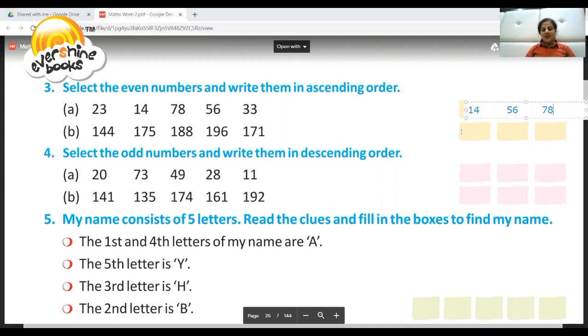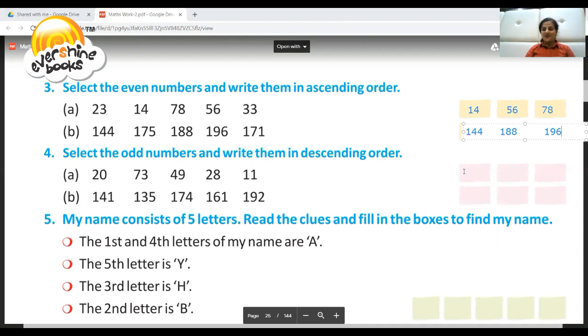So we are going to write it accordingly. 144, smallest. 188, that is even number also, and it will come in between. And after that, the biggest number is 196. We have done with our ascending order. In that, we have kept in mind even numbers properly.